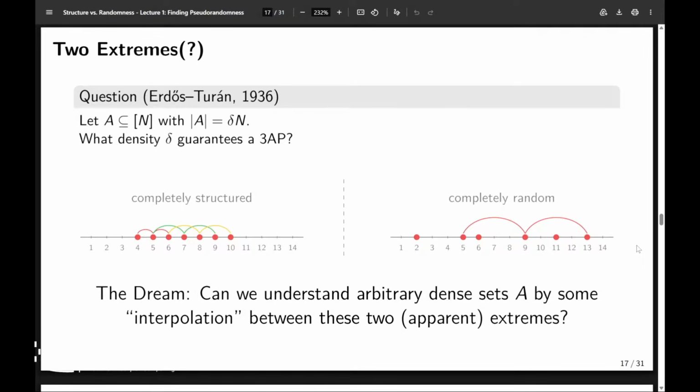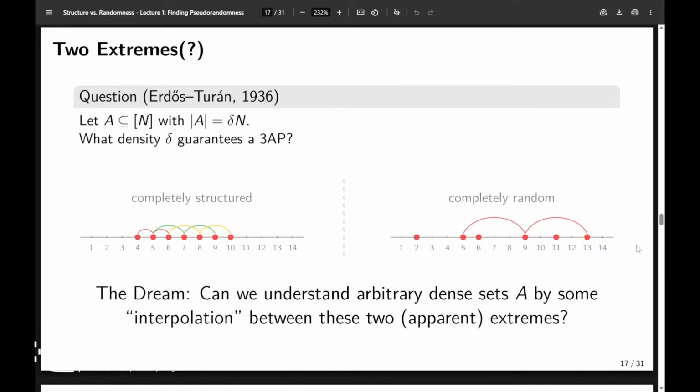Okay, so here are 2 pictures elaborating on this kind of dichotomy we've seen so far. At least this is something we hope is a dichotomy that explains things. We talked about how if you have some actually random set, or even an additively pseudorandom one, measured specifically by largest Fourier coefficient, that's sufficient to just get 3 APs in your set by chance. And then we can also look at some structured examples.